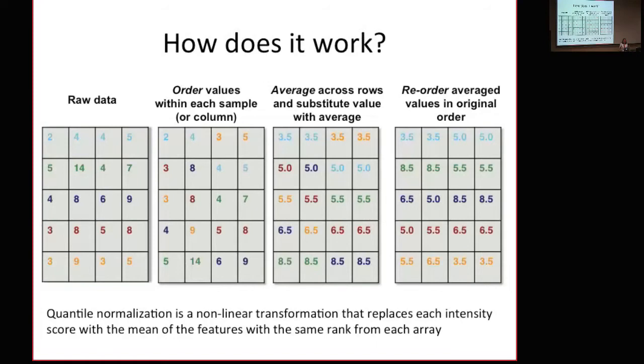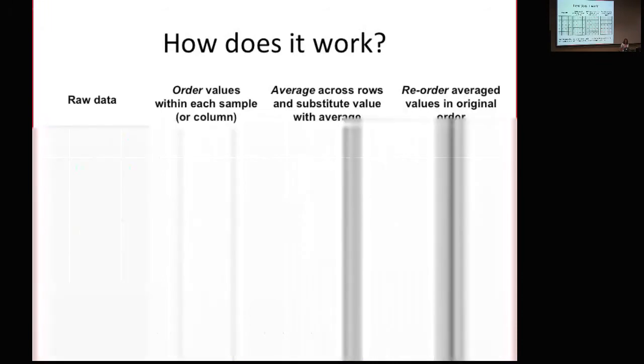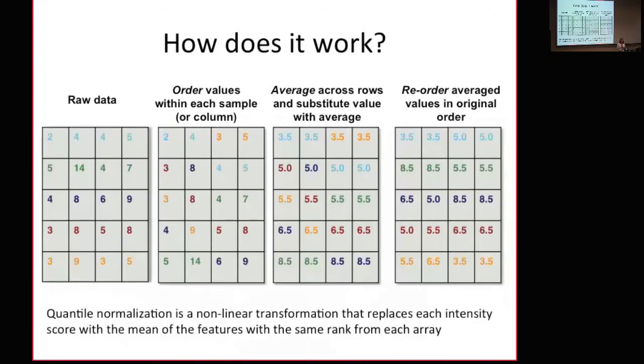I can tell you what it does. If you have 450,000 values, it makes the distribution of those values the same across all the samples. That's what quantile normalization does. So it forces the distribution for each sample to be the same, and it works very well in practice whenever you have samples that do not have global differences between them.